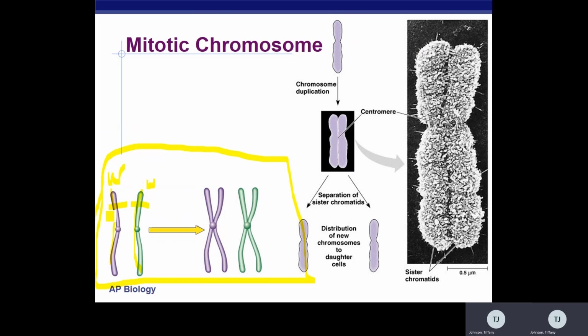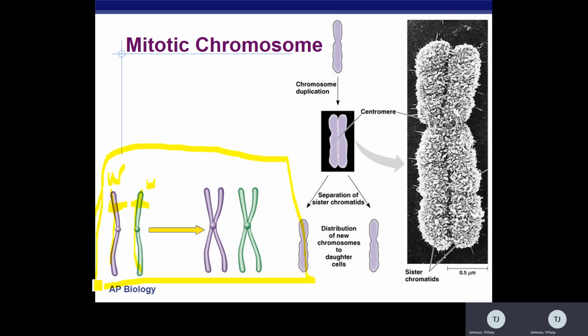But notice, even though these have different expressions for your hairline, they're still the same gene for hairline. You with me? You guys with me? So it's just expressed differently. So mom's gene is the widow's peak expression, and dad's gene is the not widow's peak expression.